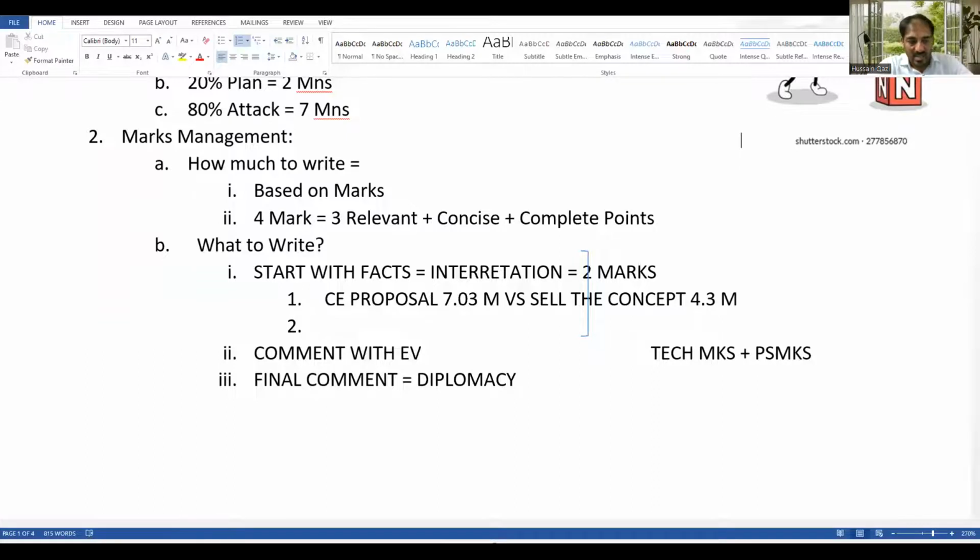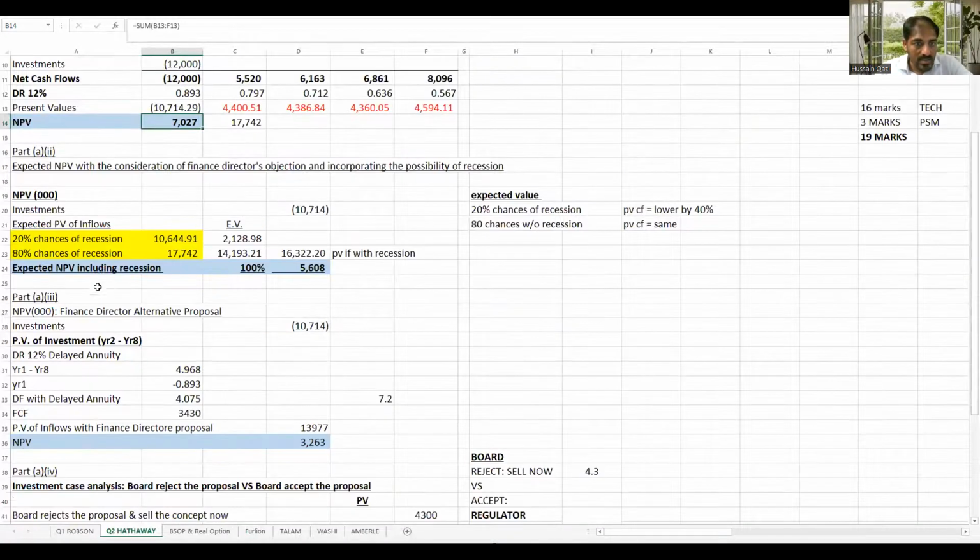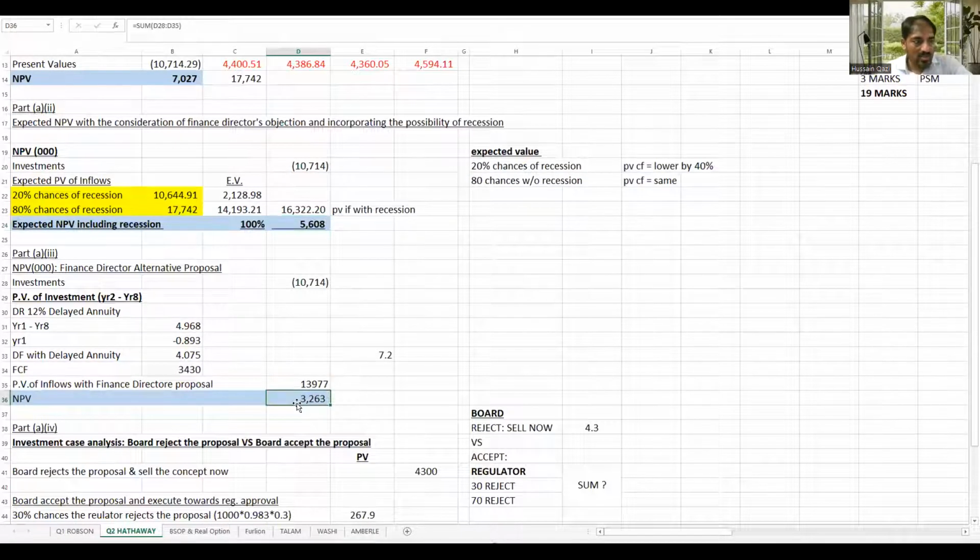The other 1 mark, the finance director proposal as well, we need to consider. And the finance director proposal is somewhere about 3.26.